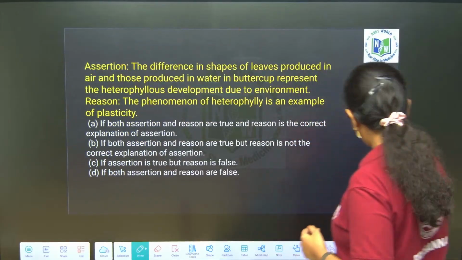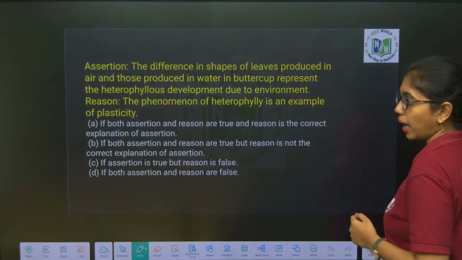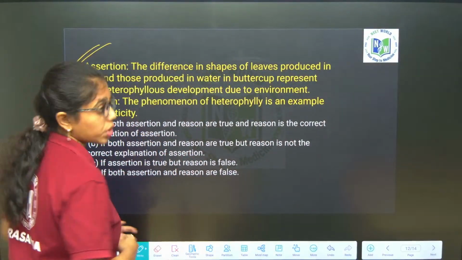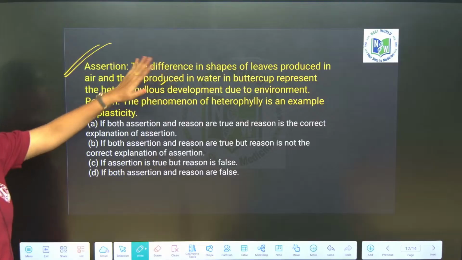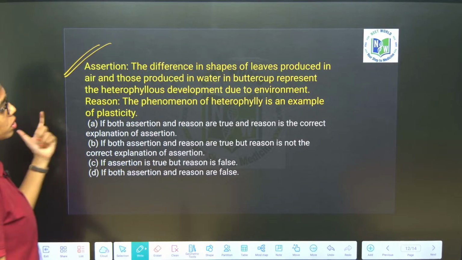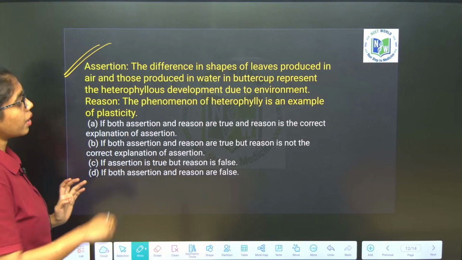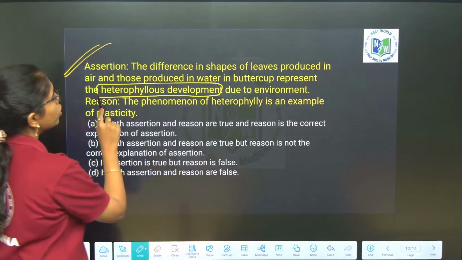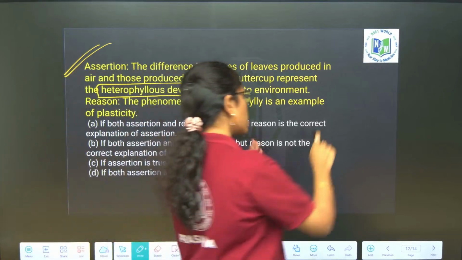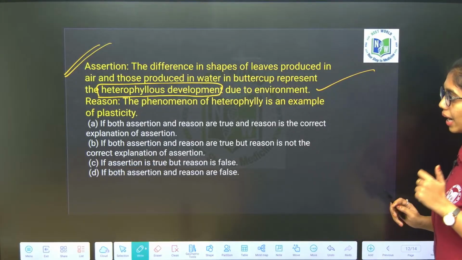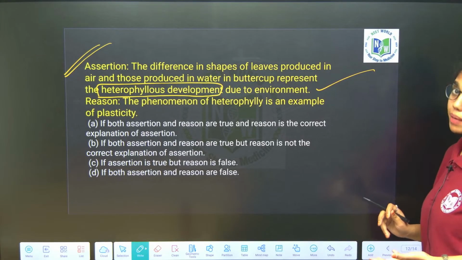Last question, if I am not wrong. Assertion and reason type of question again. The difference in shapes of the leaves produced in air and those produced in water in buttercup represents heterophilous development due to environment. So this is correct only. In reason, the phenomenon of heterophily is an example of plasticity.